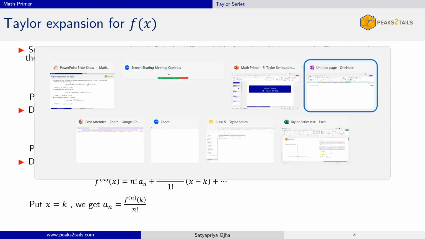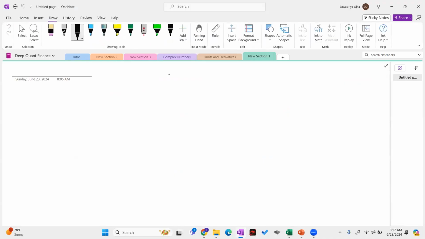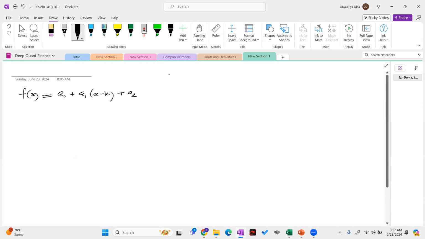Let me not show you everything. So we start with this formulation. Constant term, linear term coefficient x minus k, then a2 x minus k square plus plus plus. Nth term would be an x minus k whole to the power n, and it goes on.